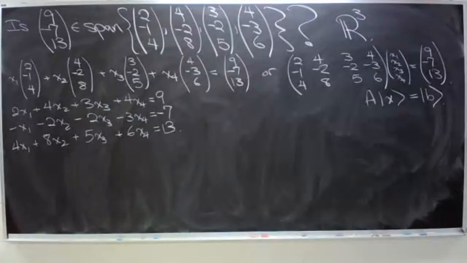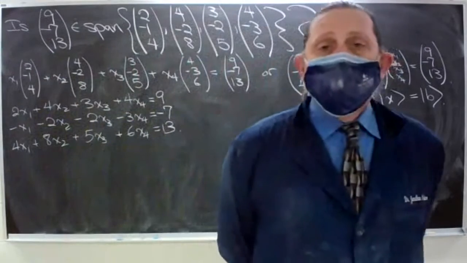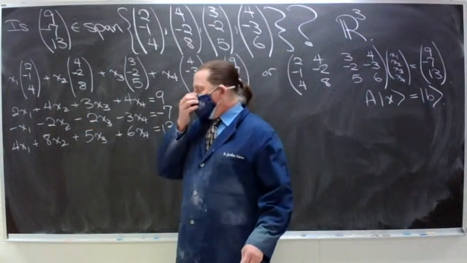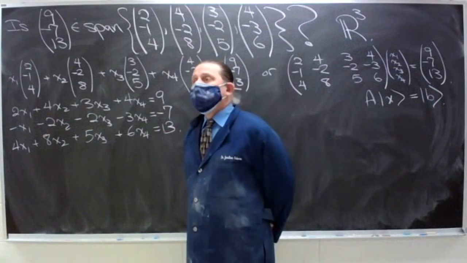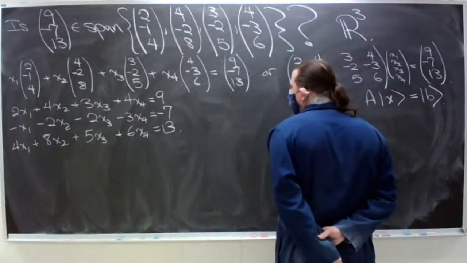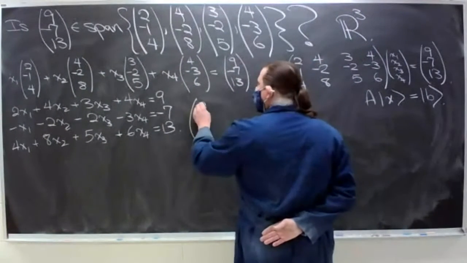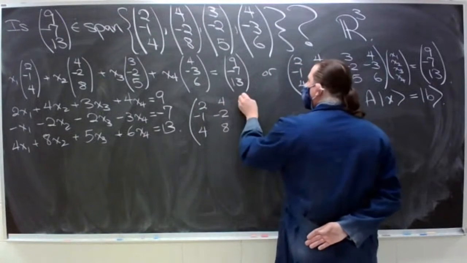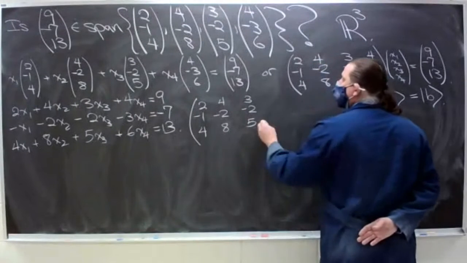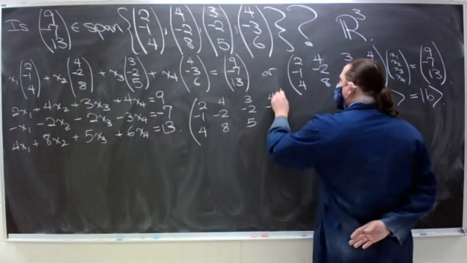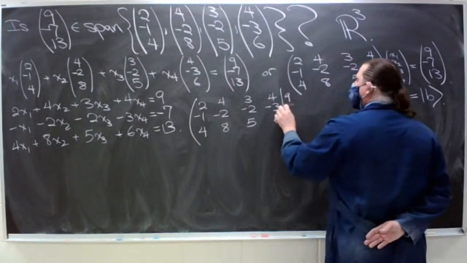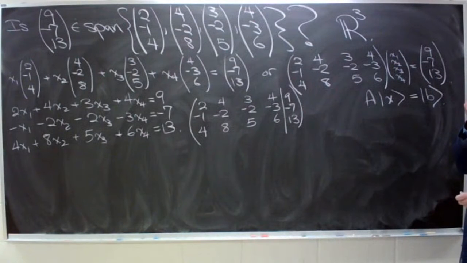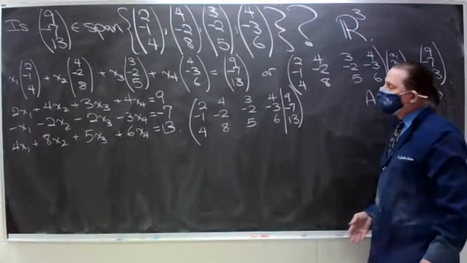All right? In order to actually answer this question, it will be easiest for us to work from this form, writing it as an augmented matrix. So I'll have, all right, there's my augmented matrix.